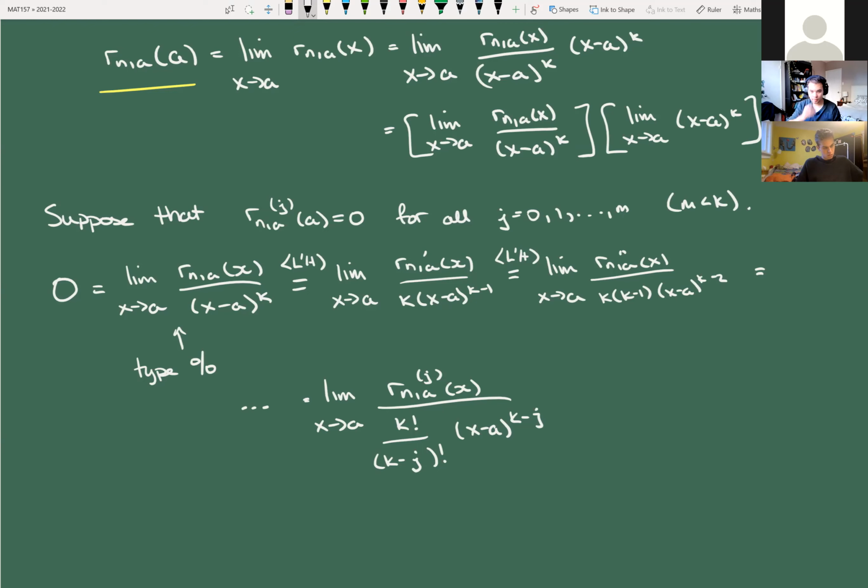So we've been repeatedly applying L'Hopital up until this point. We get to this, our final 0 over 0 form, so I can apply L'Hopital one more time. And now here is where, sorry, not j, I think I've been using m.